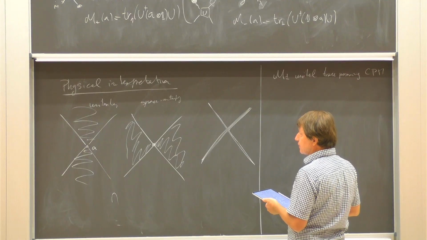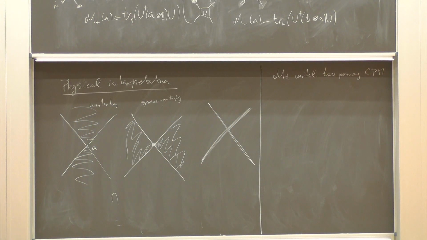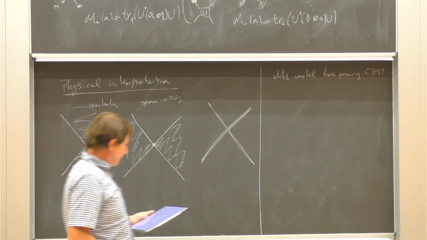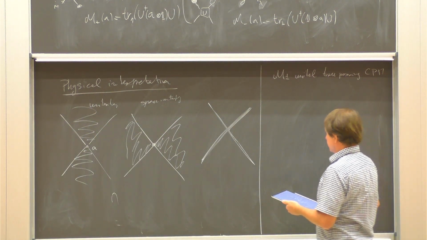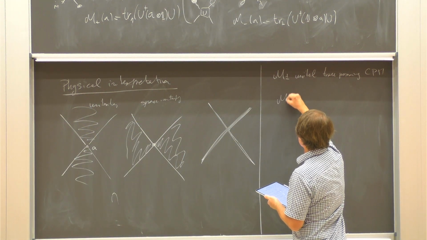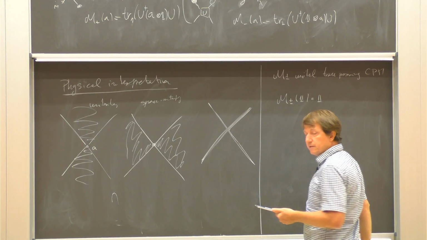You can also think of them as linear maps acting on the d-square dimensional space of single-site operators, so they are d-square by d-square dimensional matrices. Since they are unital, they always map the unit operator to the unit operator.